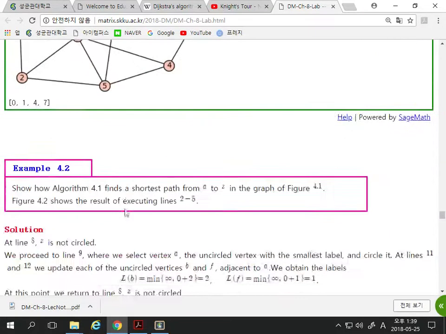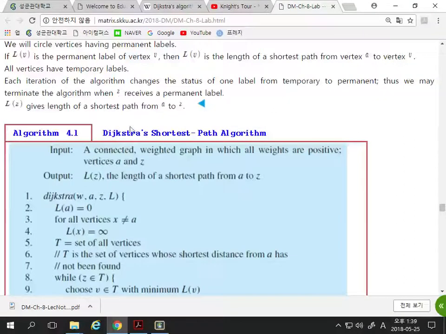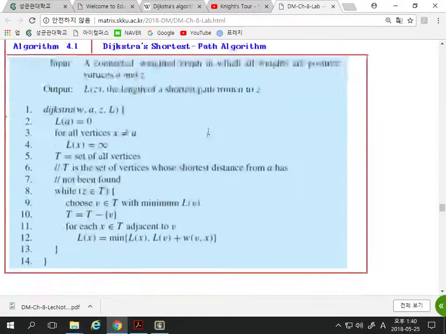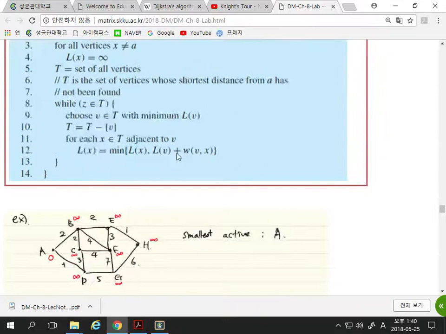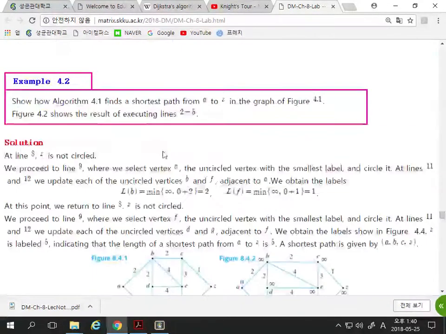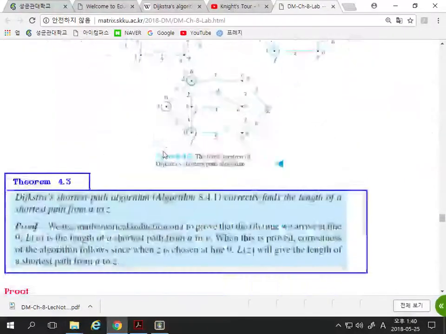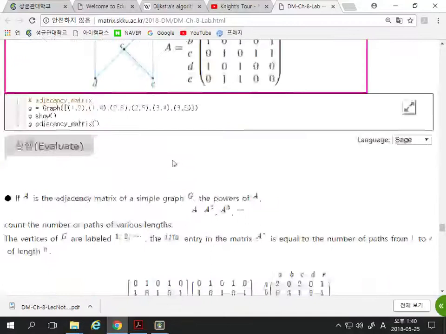So I may ask you to make real code for this Dijkstra's shortest path algorithm, pseudo algorithms. You can easily find them from other sources on the web, so you can share it in iCampus. These are the things we will cover, so I will continue it.